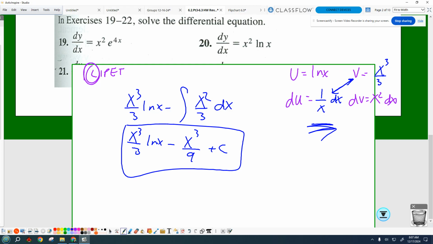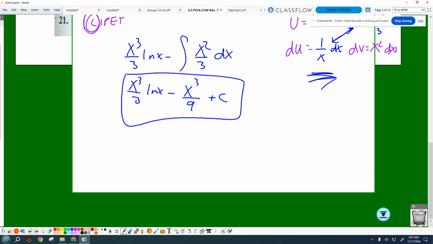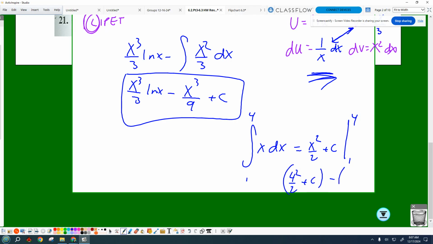Because you're just plugging in the values and subtracting. It doesn't matter, that junk and that junk, they're going to cancel out.